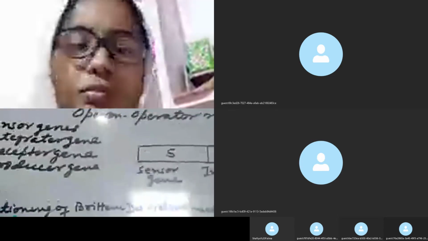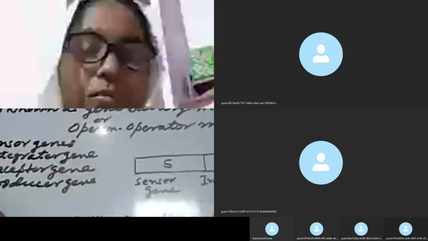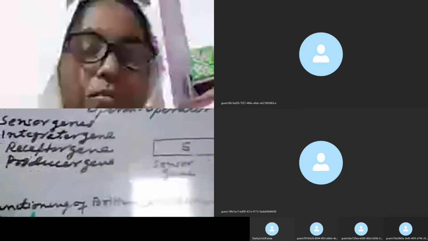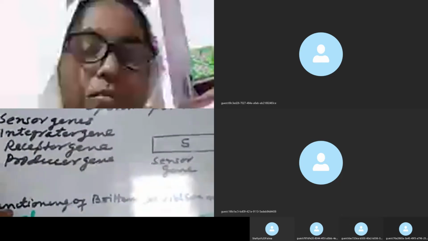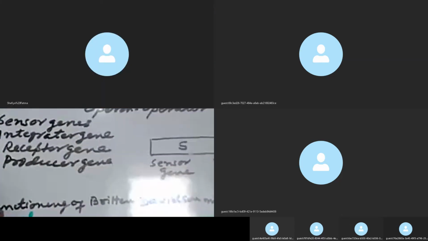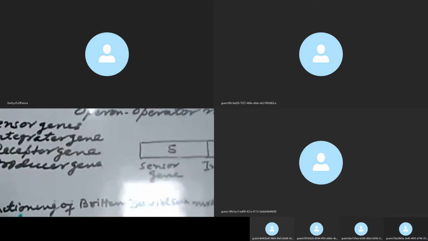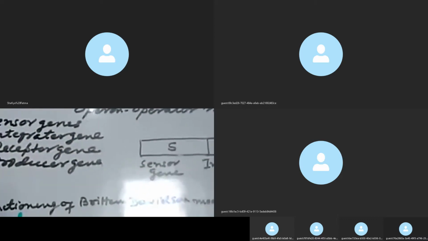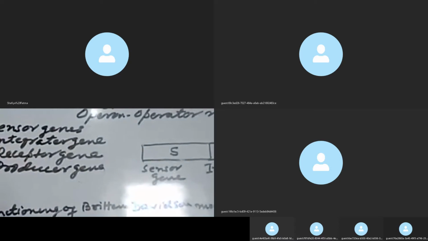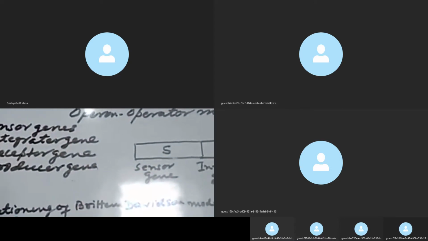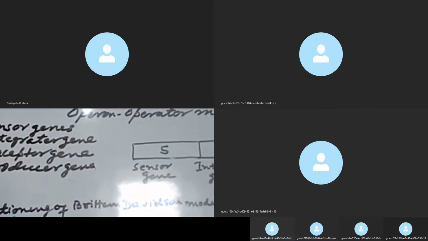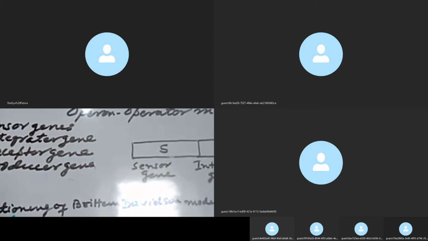The sensor region is very important, because this sensor gene is meant for receiving the signal, and this signal may be a molecular signal, a chemical signal, or an environmental factor. Why is this gene known as sensor? Because it has the capacity to sense the molecular signal, which may be a hormone or any chemical, or changes in the environmental factor.